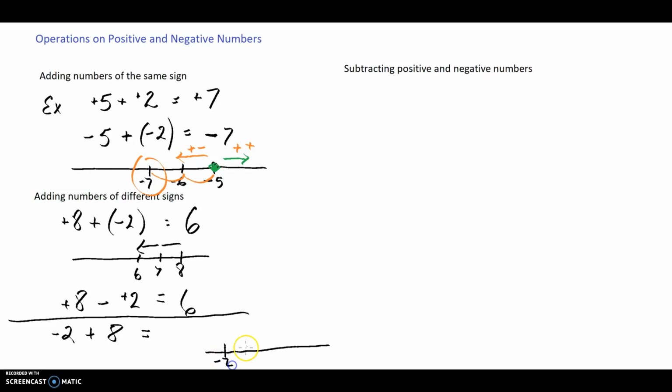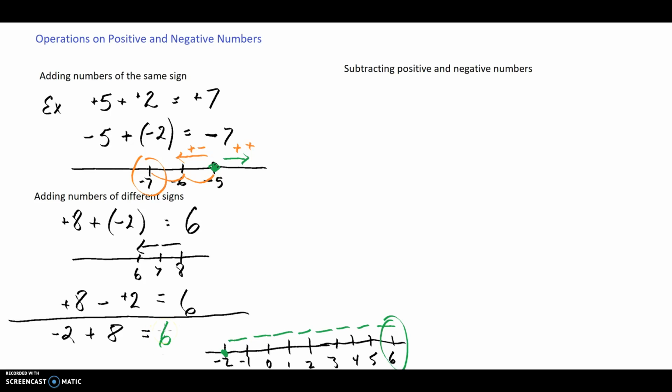Negative 2 is here. Sitting at negative 2, I move 8 places to the right, and I end up at 6.